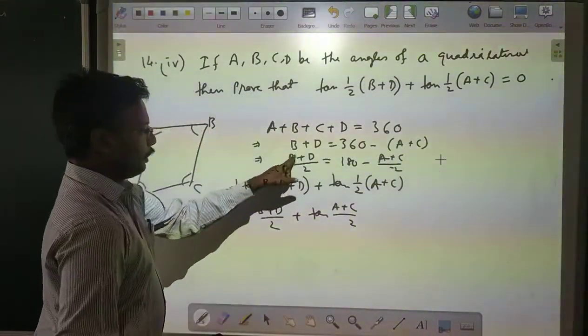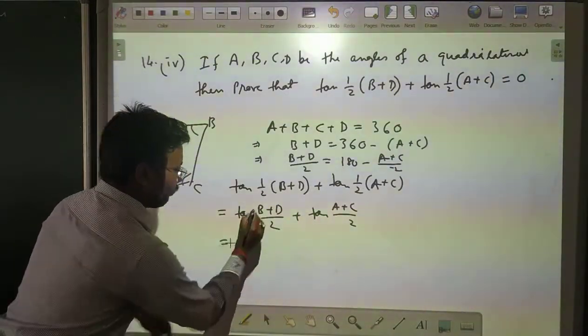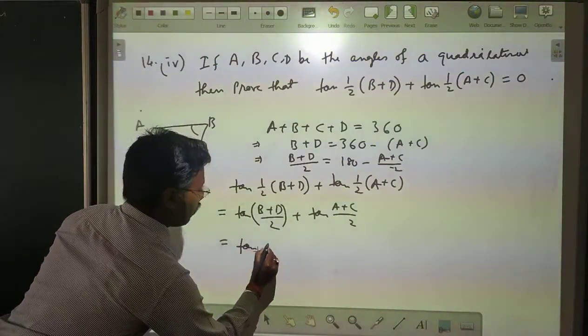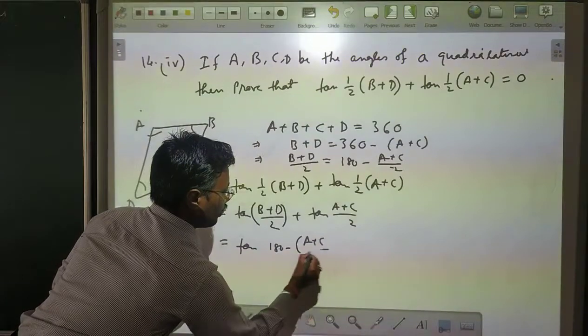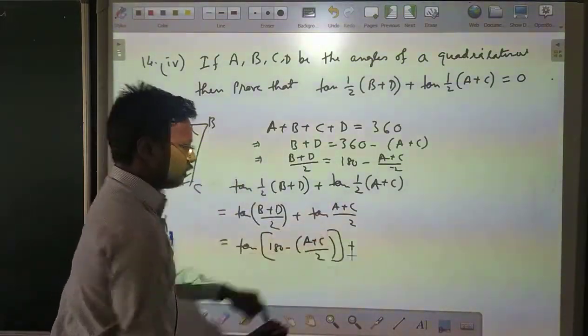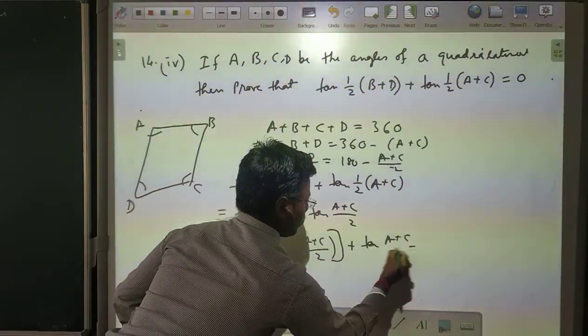Therefore, in place of (B plus D) by 2, we write tan of 180 minus (A plus C) by 2, and this remains the same, tan (A plus C) by 2.